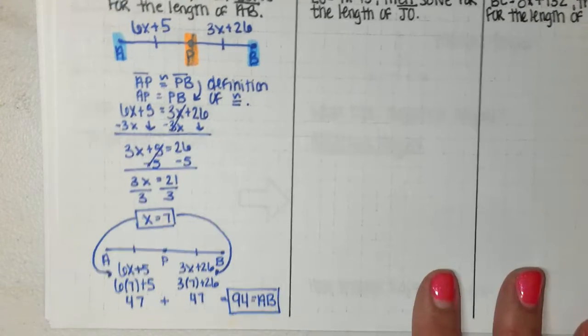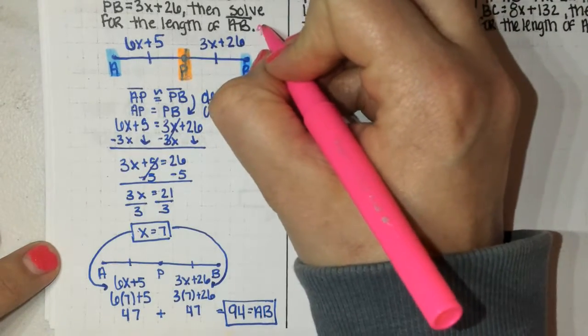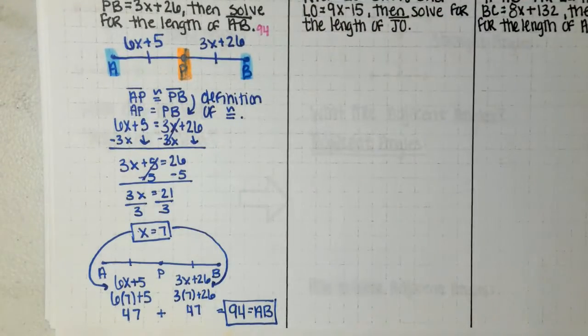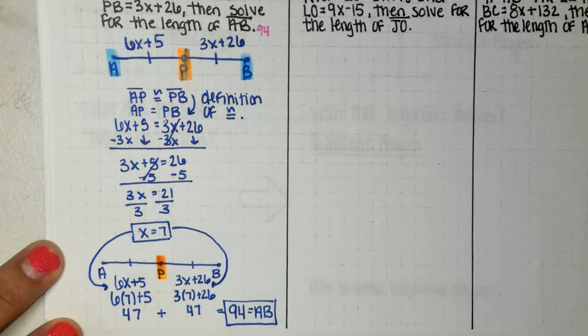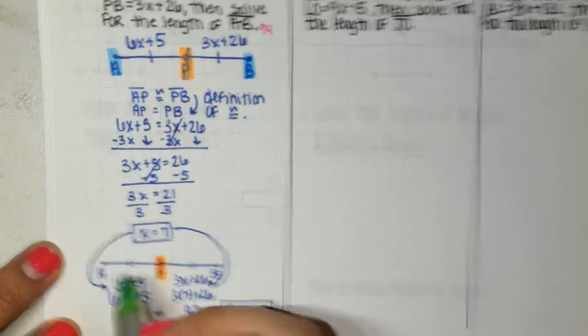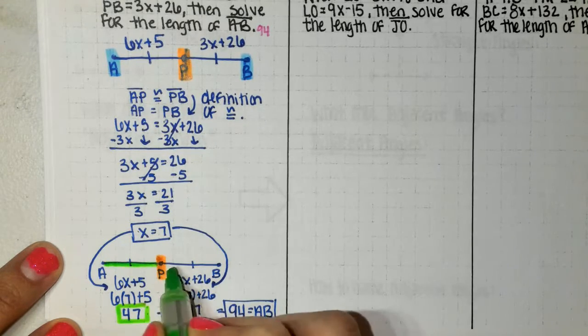So remember, as you're solving these problems, you want to make sure to keep track of your answers, and you want to make sure that you're answering the question that it's asking you. So all we've done in this kind of problem is we know point P is in the middle. We solved for each piece independently. This length here, AP, gave us a length of 47.